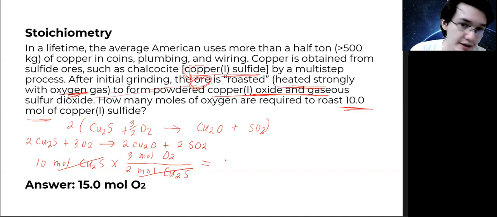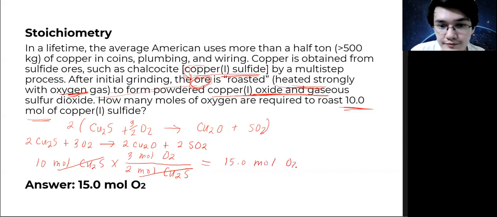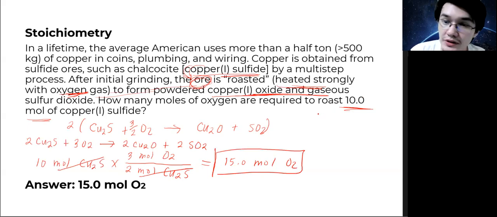Multiplying, we have 15 moles of oxygen. So for every 10 moles of copper sulfide, 15 moles of oxygen are needed to produce these products.